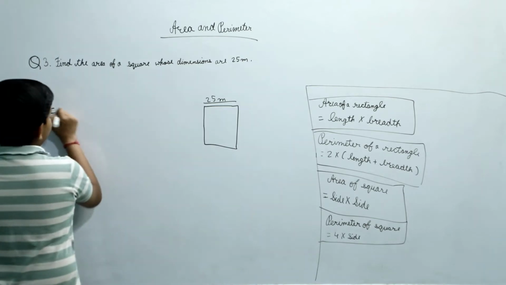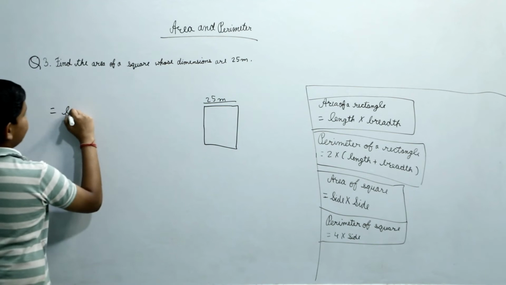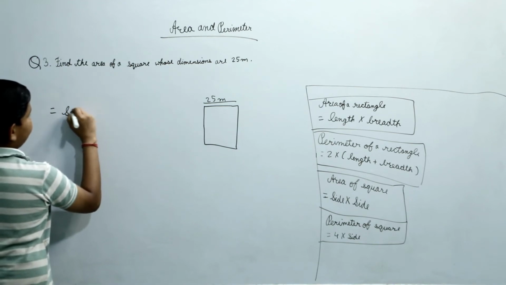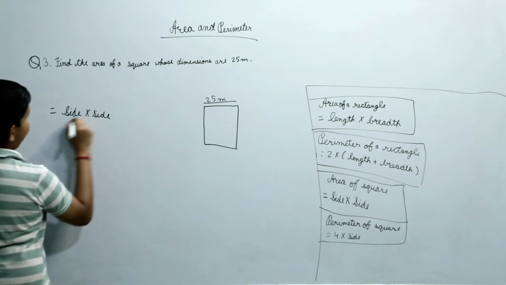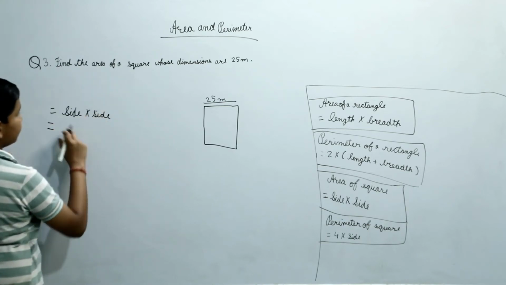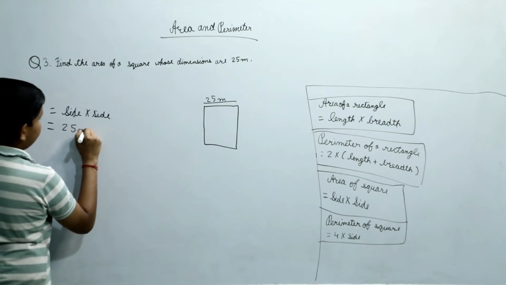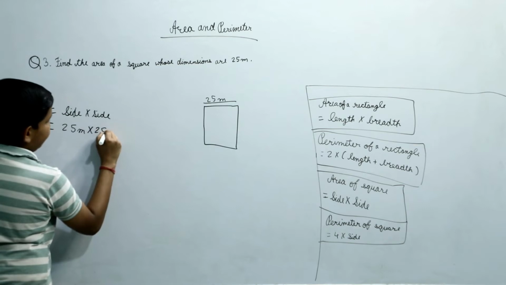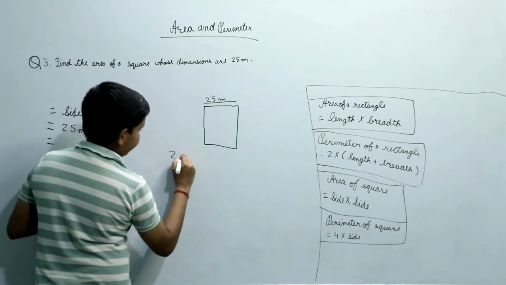To find the area of a square, we will multiply a side with another side. So we'll rewrite this question as 25 meters multiplied by 25 meters equals 25 into 25.